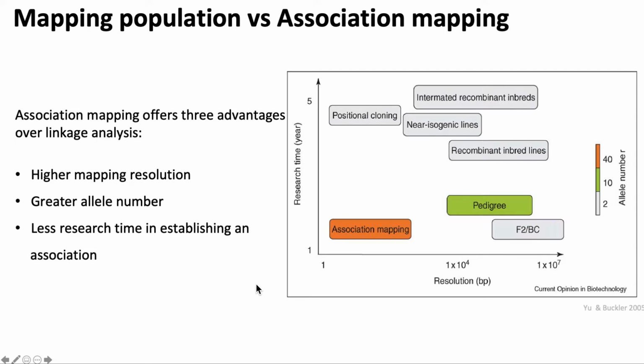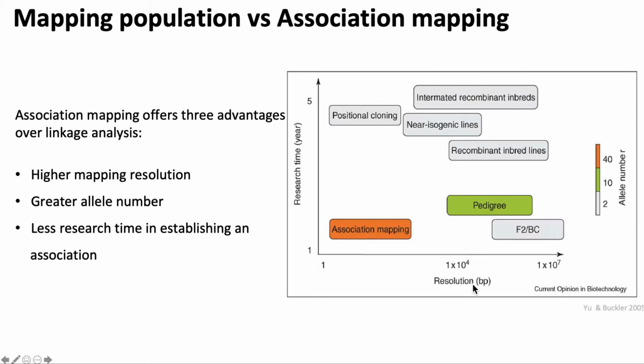And again, just to give you some other advantages of association mapping: we can capture more recombinations in a diverse population, so we're going to have a higher mapping resolution, as you can see here.